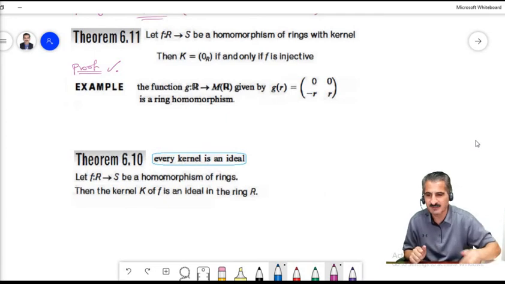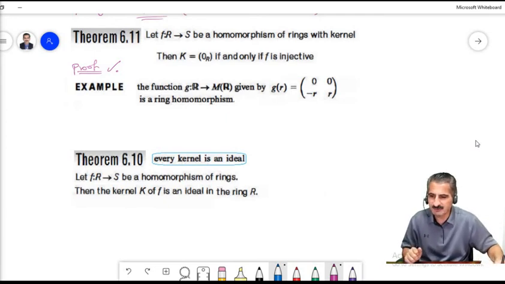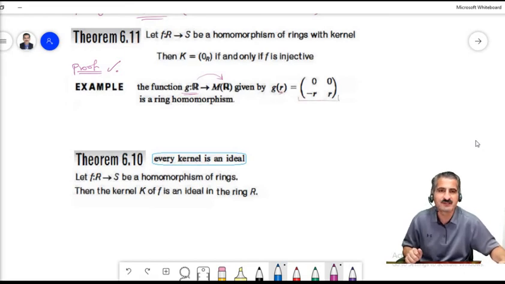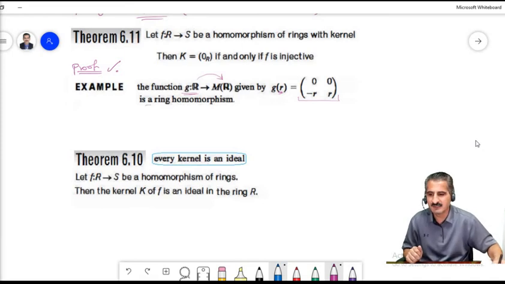Now, for example, this function takes a real number and gives you a matrix out of that real number. It takes a real number R and it forms a matrix using R this way. And this is a ring homomorphism. We have proved it. Now we want to show it is one-to-one, because what is the kernel of G?